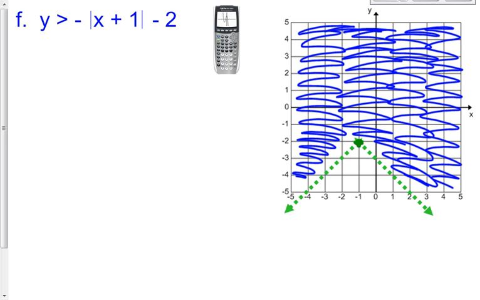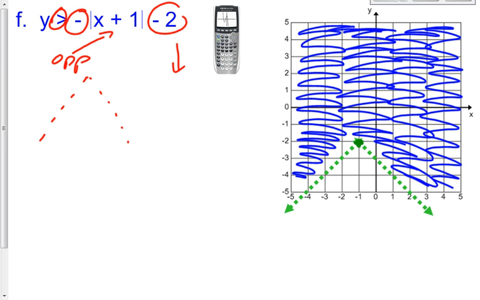And then letter F. This sign tells you that the V is going to open upside down. It's going to be an upside down V. This right here tells you it's going to be a dotted upside down V. So you could already see these patterns emerging. This 2 says you're going to go down 2 units from the origin, and then you're going to do the opposite of this, which means instead of going to the right 1 unit, you're going to go to the left 1 unit from the origin.